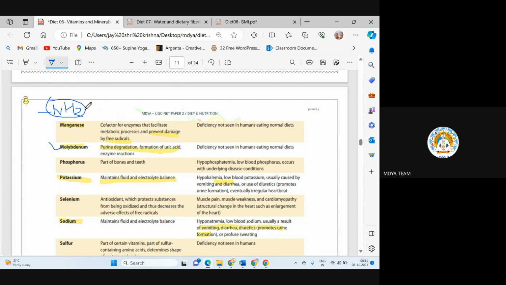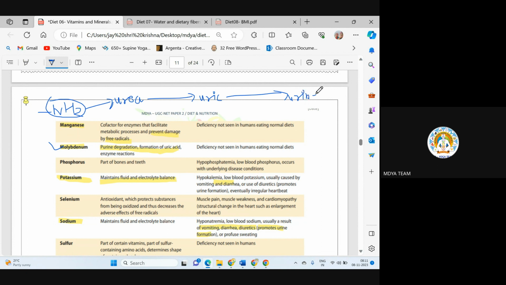These amine groups are converted into urea in our body, and after this urea is converted into uric acid, and then it is flushed out of the body through urine.